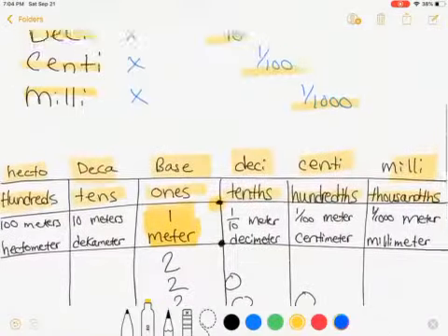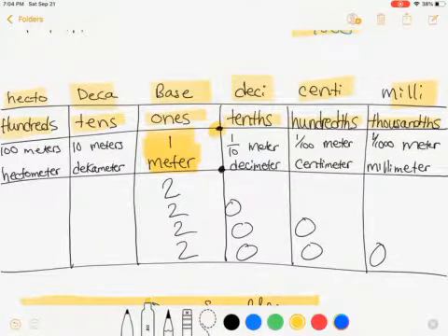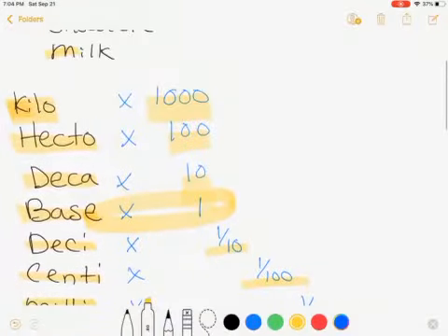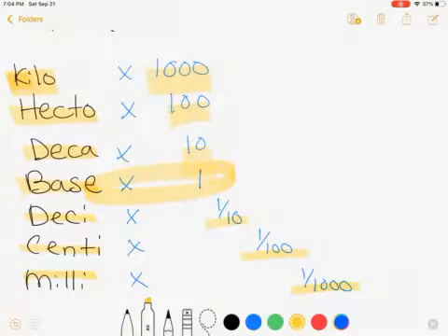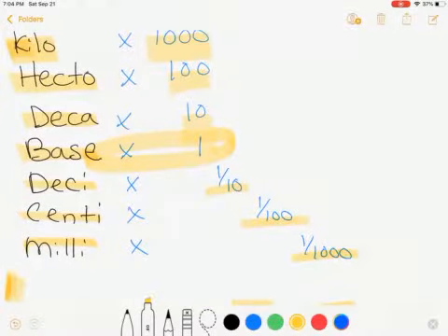And of course, we want to remember our king, which I did not leave room for. King Henry died drinking chocolate milk. Kilo, hecto, deca. Base is whatever we're using, such as meters. Deci, centi, milli.